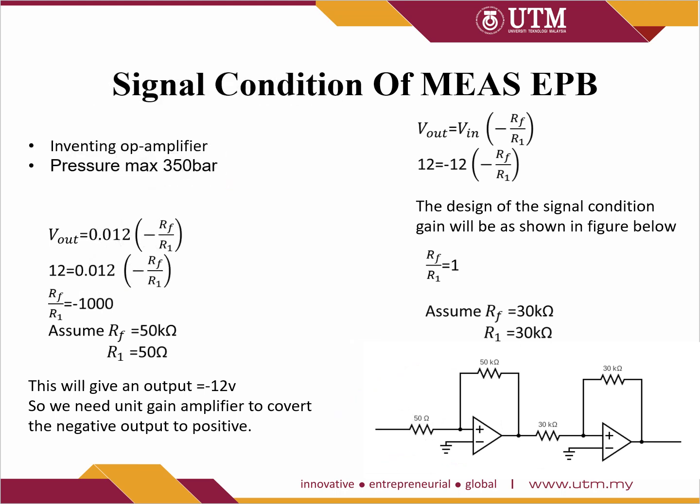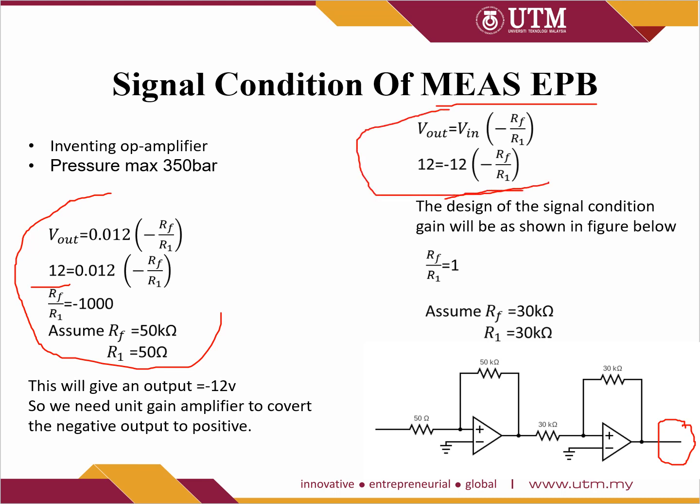The third signal condition is for the pressure sensor MEAS EPB. The input voltage is 1.2 millivolt, and we want 12 volts in the final output because it is for the car. We do the same thing with the same equation, change it to negative, and then use this to change it to the positive value.